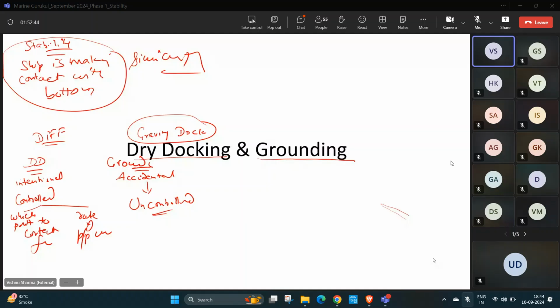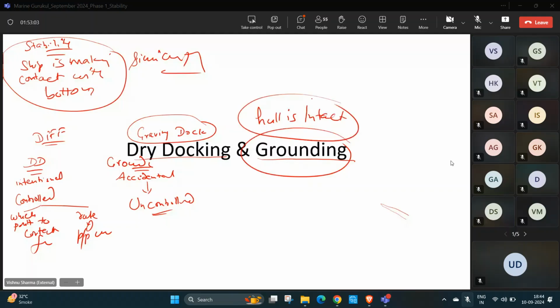And if you are in a tidal stream, the rate at which the tide will fall or rise, you have no control whatsoever. Of course, when we are talking of grounding here, we are assuming that the hull is intact. If the hull is damaged, it goes into damage stability, and the calculations will fall under the purview of damage stability.